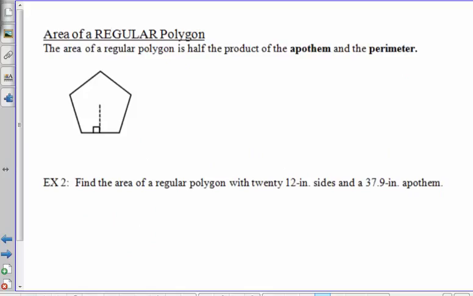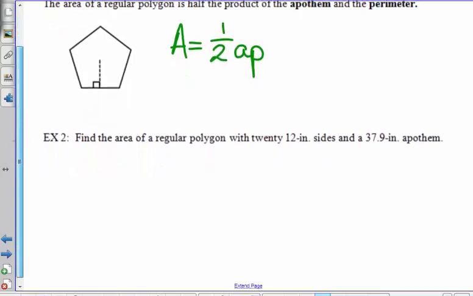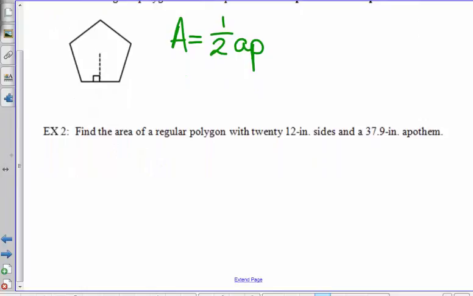Okay, so the area of a regular polygon, this is a formula, is half the product of the apothem and the perimeter. Write it like this. The area of a regular polygon equals 1/2 times a, little a, for apothem, times P for the perimeter. So we're going to find the area of a regular polygon with 20 12-inch sides and an apothem.